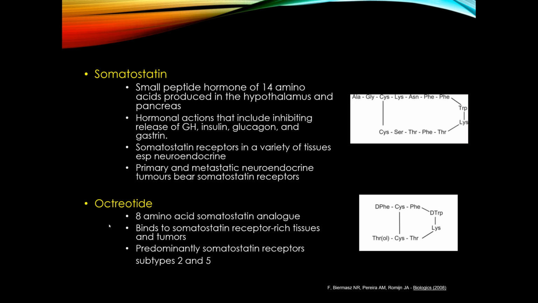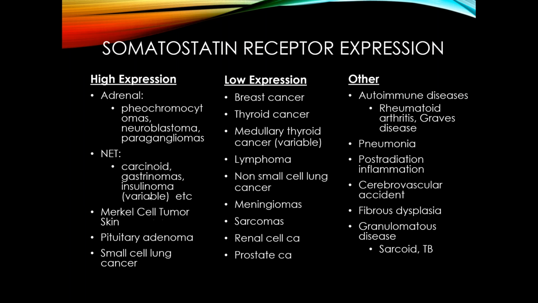So they've created an Octreotide, which is an 8 amino acid somatostatin analog, so very similar to the normal somatostatin that we see in our bodies. And it's able to bind to the somatostatin receptors that are seen in a lot of tumors. So this is Octreotide. Just so you know, a lot of things, not just neuroendocrine tumors, can have somatostatin receptor expression.